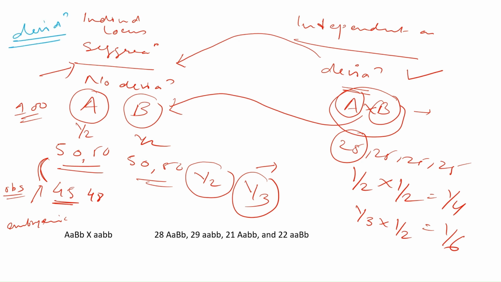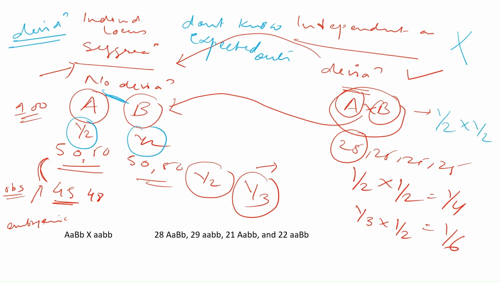If we get deviation here, we should not perform independent assortment because in that case, we don't know our expected outcome. So if we get no deviation, that means our expectation is correct. When our expectation is correct, then only we can multiply these two for independent assortment. But when the expectation is different, we cannot do this.